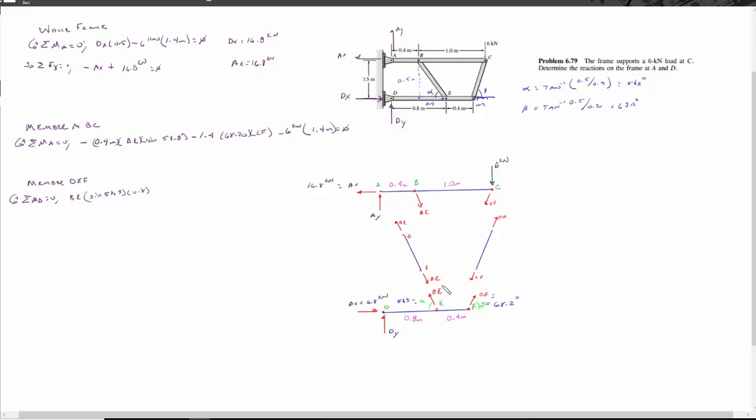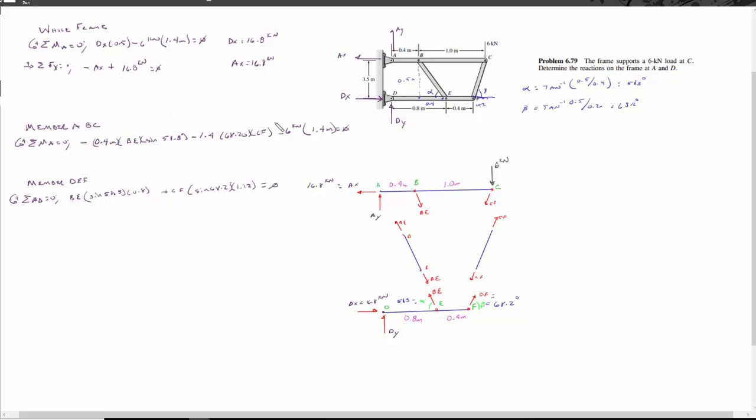Remember, we're just looking at the y component because the x component goes through this point, plus CF times the sine of 68.2, and that's the distance of 1.12. It's 0.8 plus 0.4. There's nothing else here, so that's just going to equal 0.